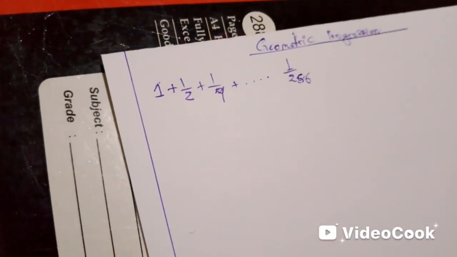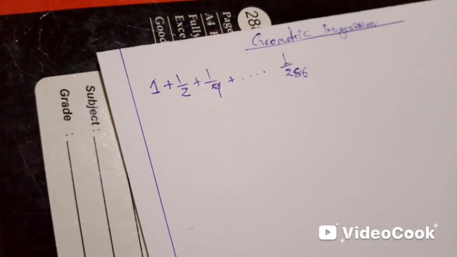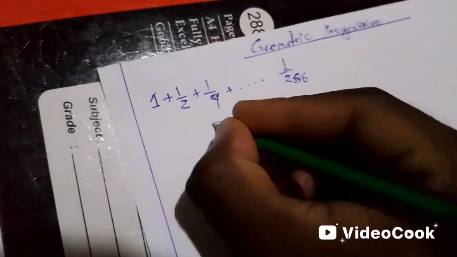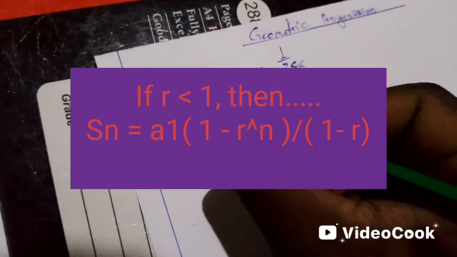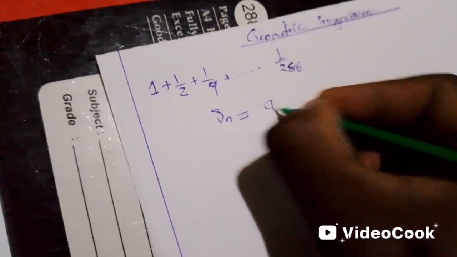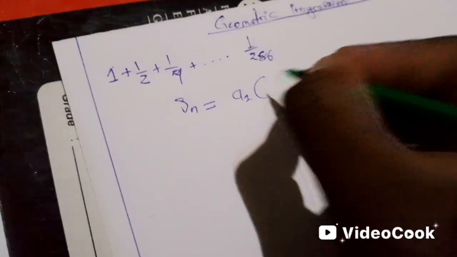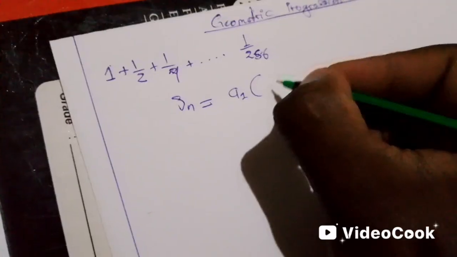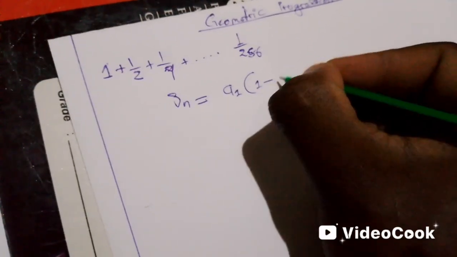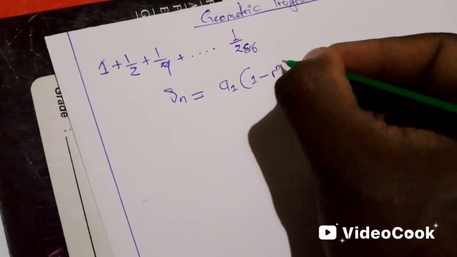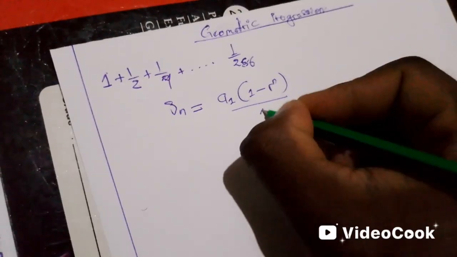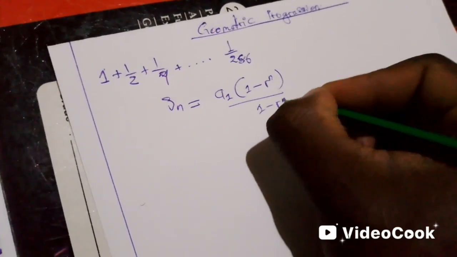Now the formula in GP for finding the sum: the sum of the nth term is equal to the first term multiplied by 1 minus r to the power n, over 1 minus r.